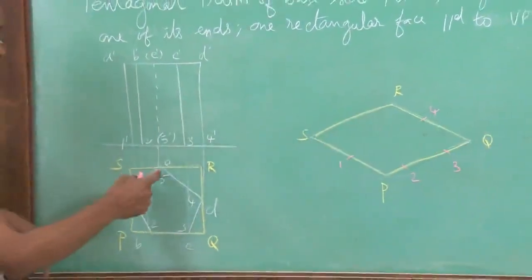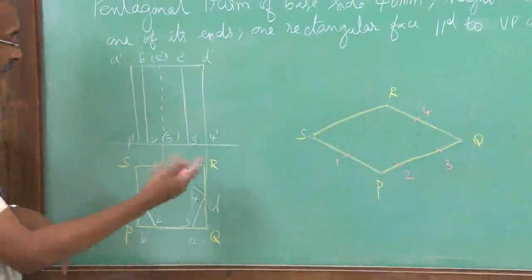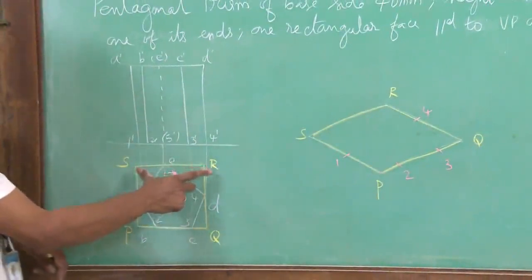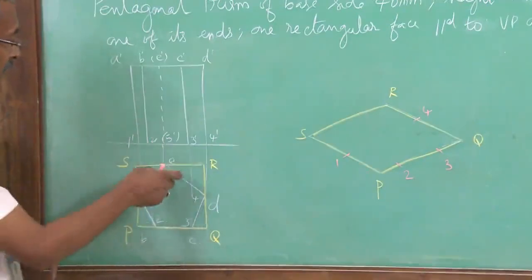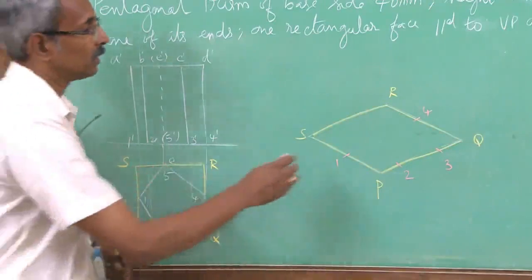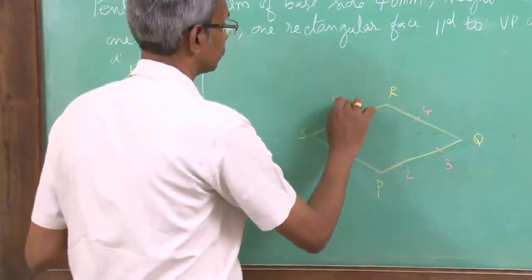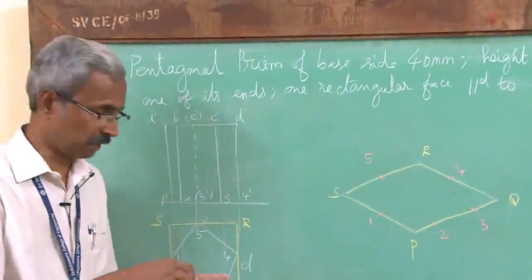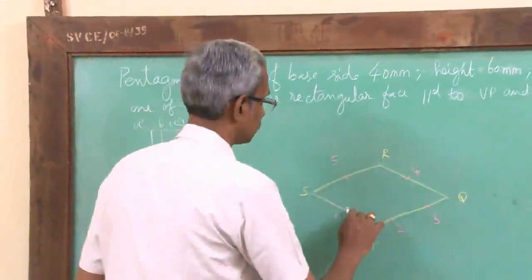And finally you have to mark this point 5, and this is the midpoint of your SR because it's a regular prism. Measure this distance S5 and transfer it here. So now you have got the base of the prism.